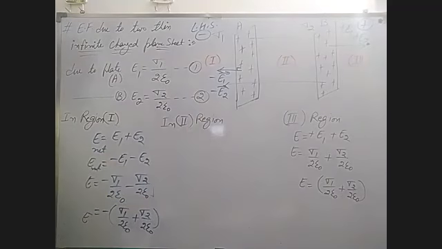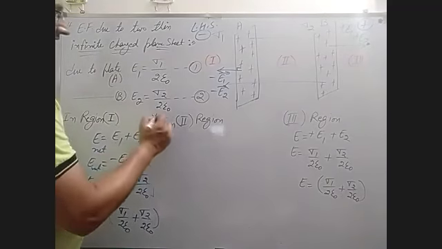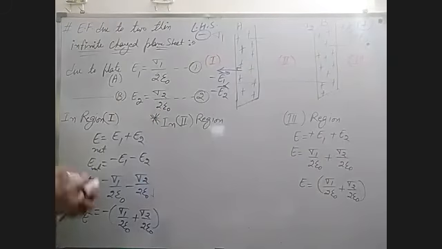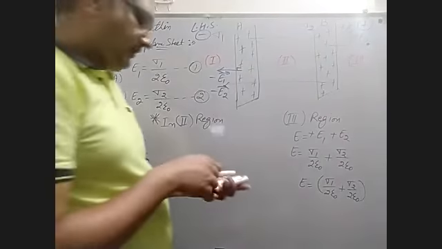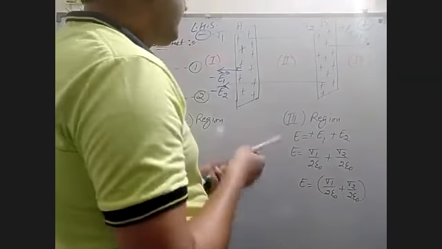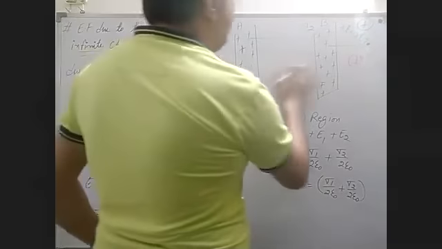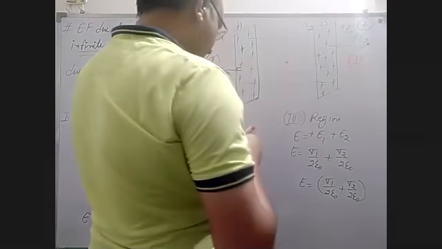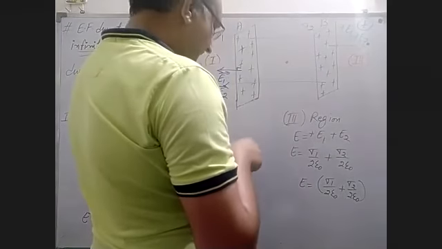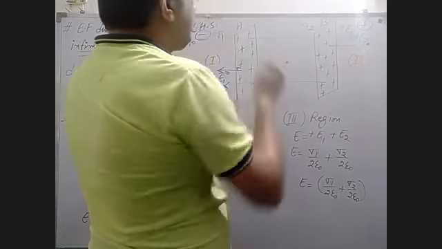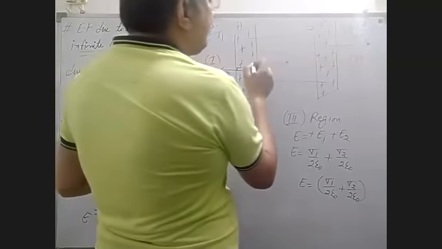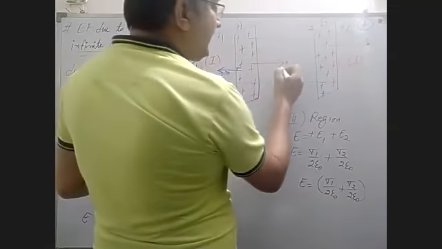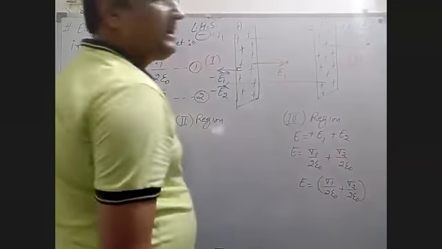Now it is time to determine the electric field in region 2. Now what do you think about this? How can you calculate the value of electric field in this region? By A, the electric field will be in the forward direction, in the right direction we can take, and this value is E1.